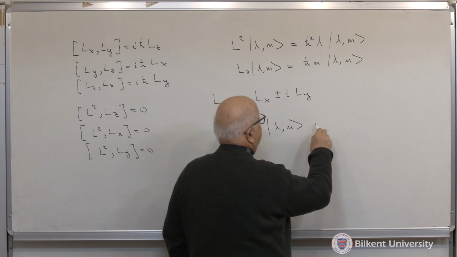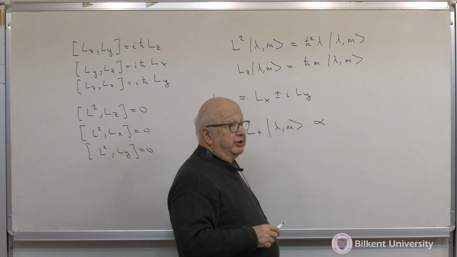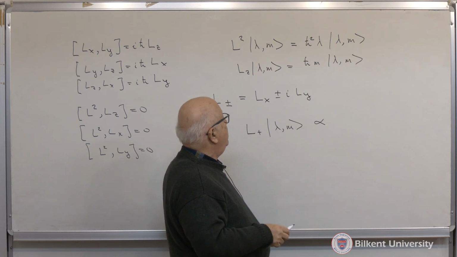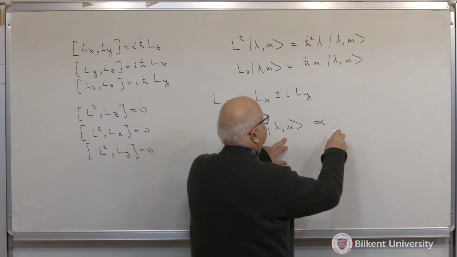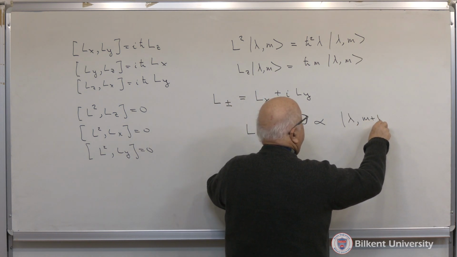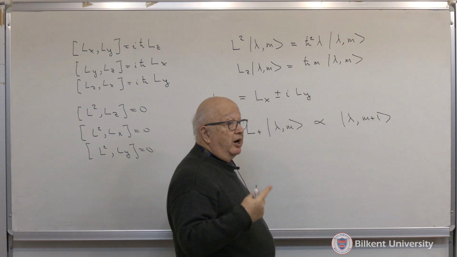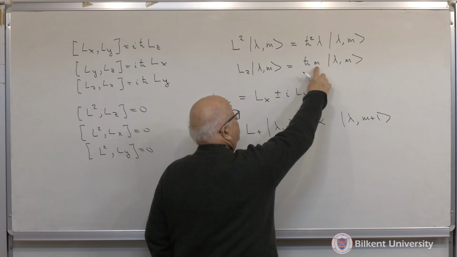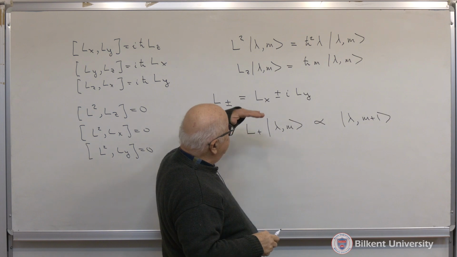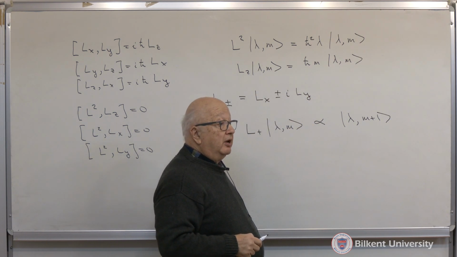So whatever this is proportional to, we have to find the constant of proportionality today, but it has the same lambda, but the m eigenvalue is 1 higher, so I get h bar m plus 1 as the eigenvalue. So the Lz eigenvalue is h bar larger.